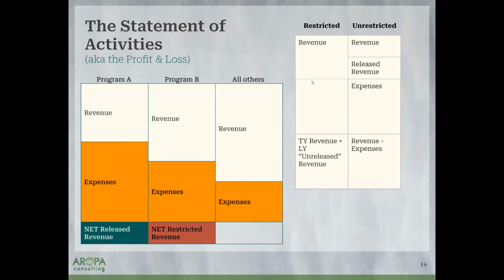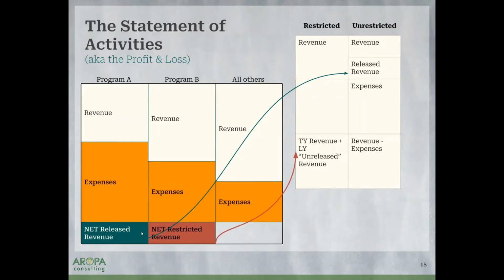And so how do we then get the restricted part of our statement of activities? It has revenue. It has this year's, TY is this year's revenue plus last year's unreleased revenue, right? So when we talk about our released revenue, that now lives on the released revenue part of our unrestricted statement of activities, because it is now, as I mentioned, the box around the revenue has been taken away and is now in the general pool for use.